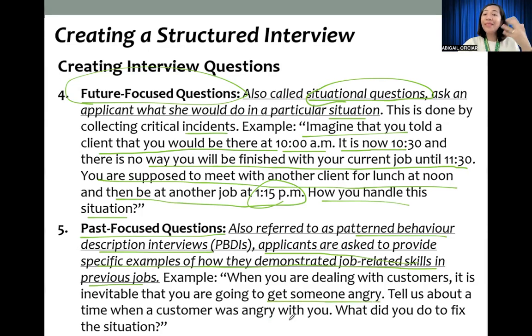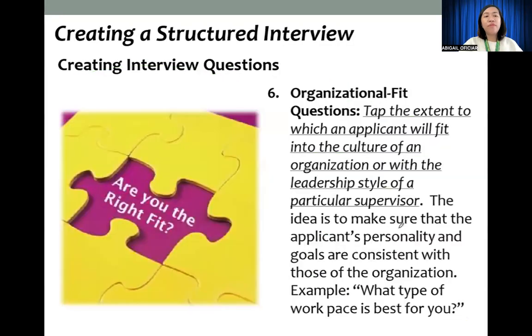Tell us about the time, so past siya, no, when a customer was angry with you, what did you do to fix the situation? Okay? So, as you can see here, situation siya, pero past ang focus niya. So that we can see or check the behavior of the person, no, doon sa experience niya in the past. Okay, so that's number 5.